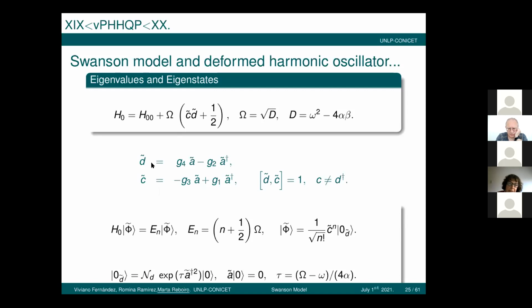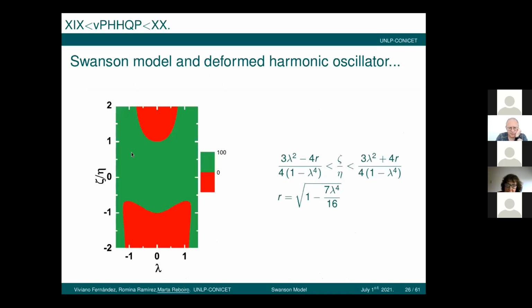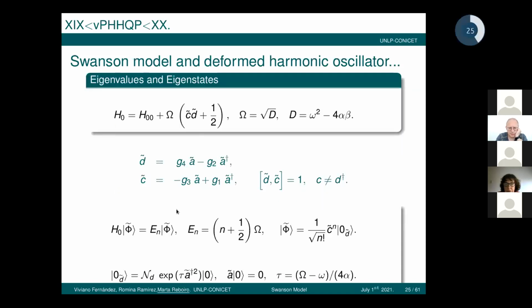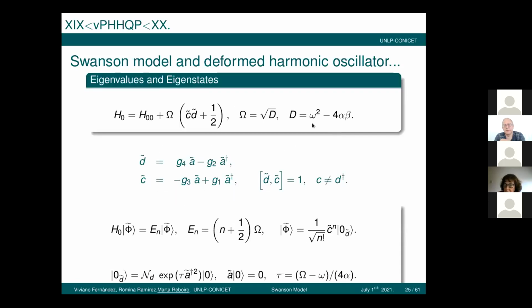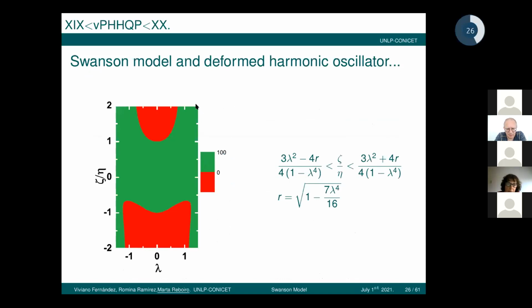The first thing we can see, in terms of the parameters of the model, is in what region we can map our Hamiltonian to a Hermitian one. The region plotted is the region where we have PT symmetry.